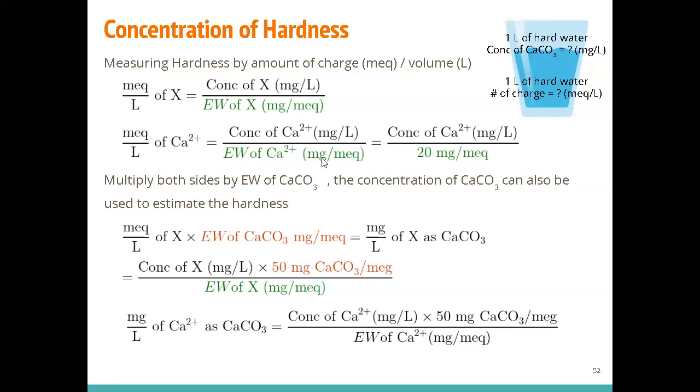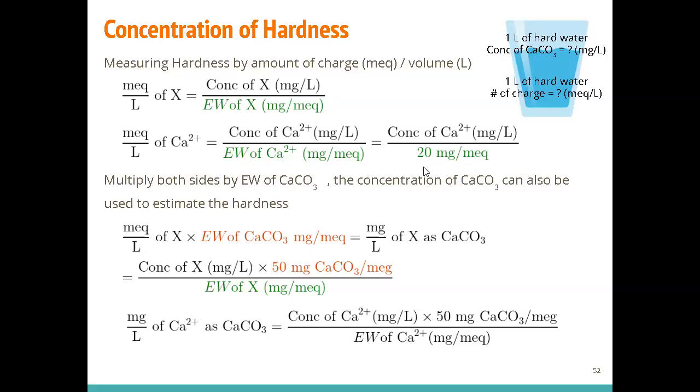The bottom one is milligram per milli charge. Okay, and we can cross out the weight. Okay, it doesn't matter here. The weight doesn't matter. So now you can just do measurement for the concentration of calcium divided by 20. That will be your hardness. Okay. So this is pretty simple. So how do we calculate the hardness? Just use concentration that you can measure divided by what you can check from the table.